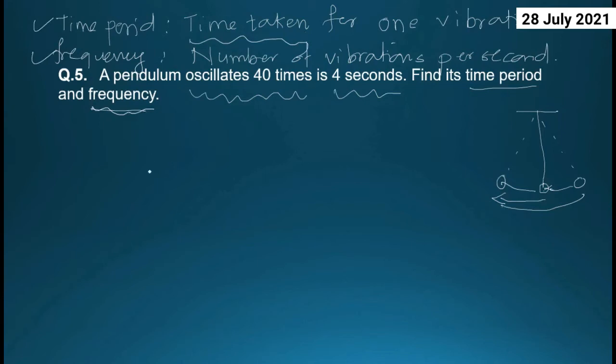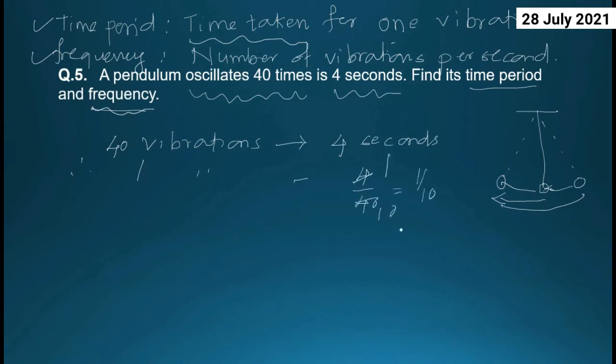Okay, so 40 vibrations require 4 seconds, and therefore one vibration will be 4 by 40, isn't it? That will be 1 by 10, which is equal to 0.1 second.